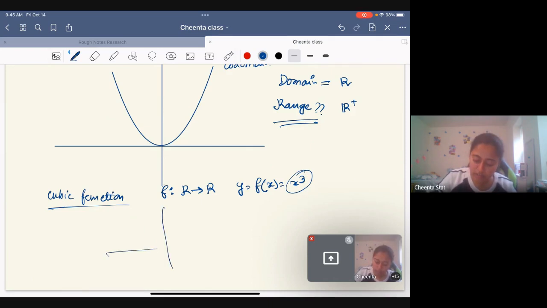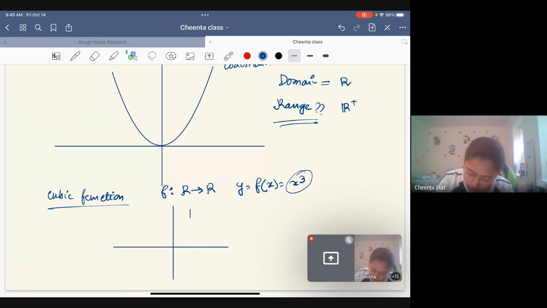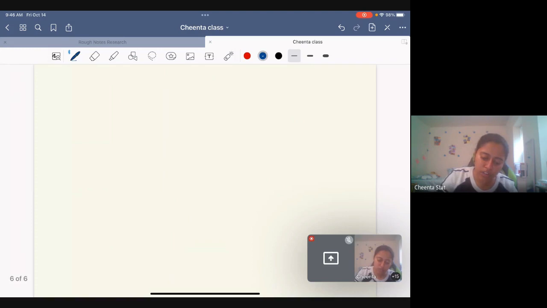So what is the solution? Okay, so this is like this. And two more functions, very briefly.